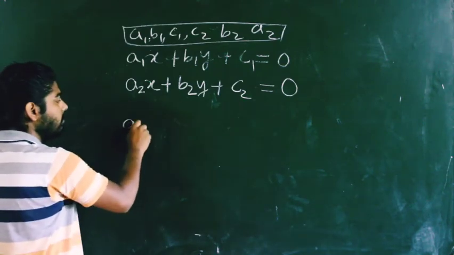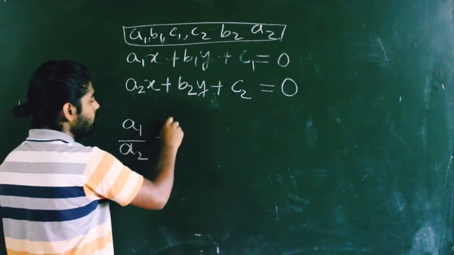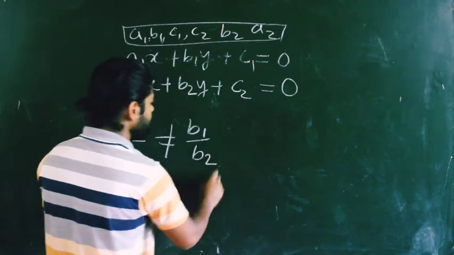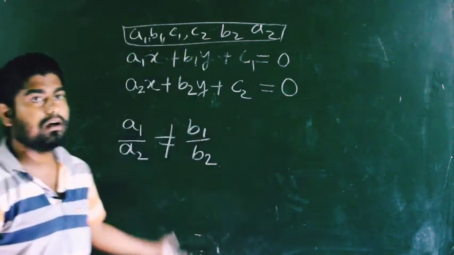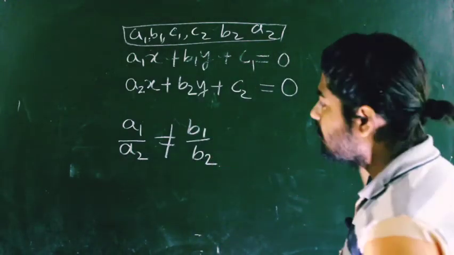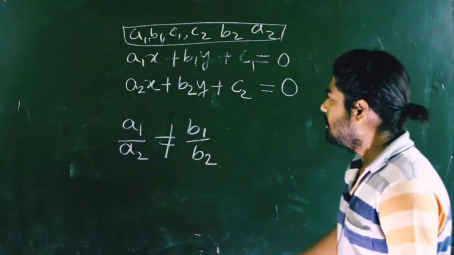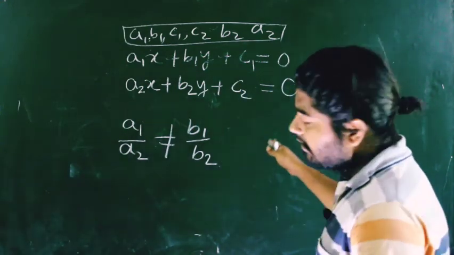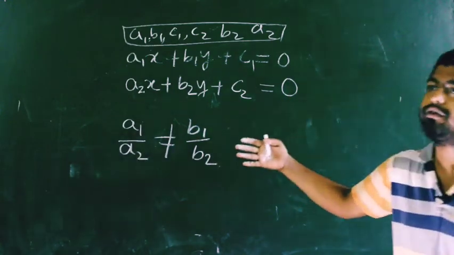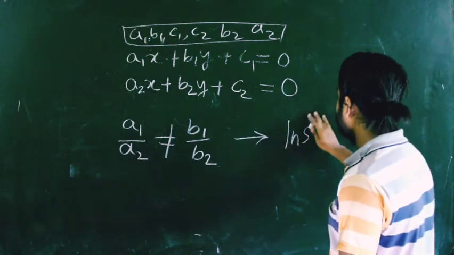If a1 by a2 is not equal to b1 by b2, this is the first parameter to understand what is linear equation in 2 variable and how many solutions are there in this 2 equation. So if you have this kind of equation and if it doesn't match, I will show you with an example, then you can say this is an intersecting line.